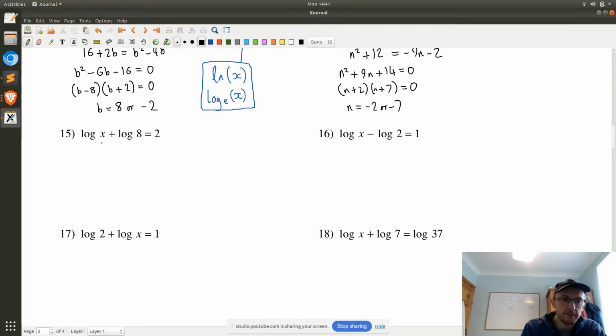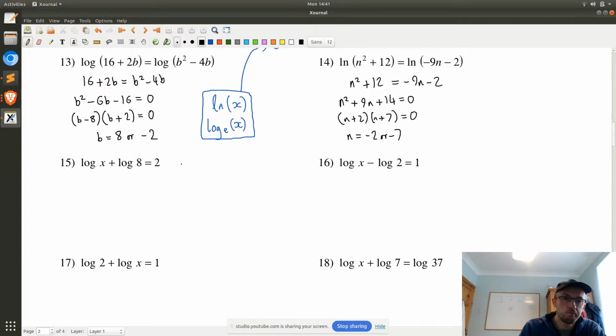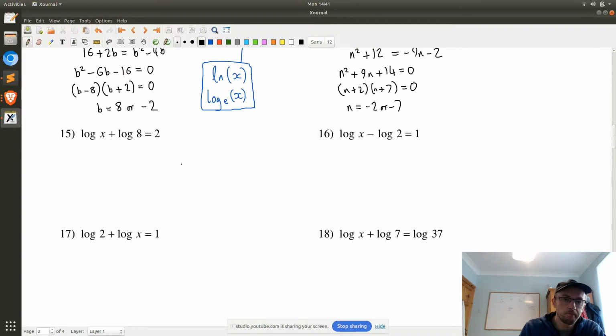Log of x plus log of 8 is equal to 2. Well, by the laws of logs, that means log of 8x is equal to 2. Then do 10 to the power of the left-hand side equals 10 to the power of the right-hand side.